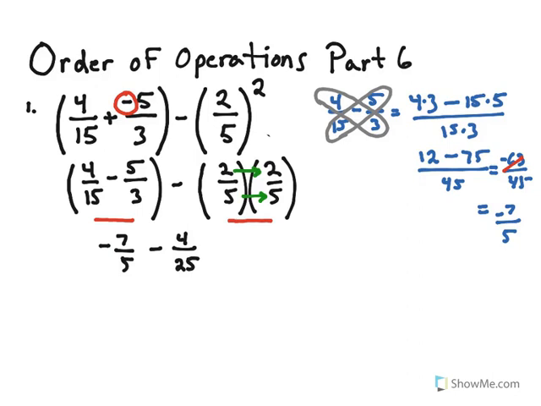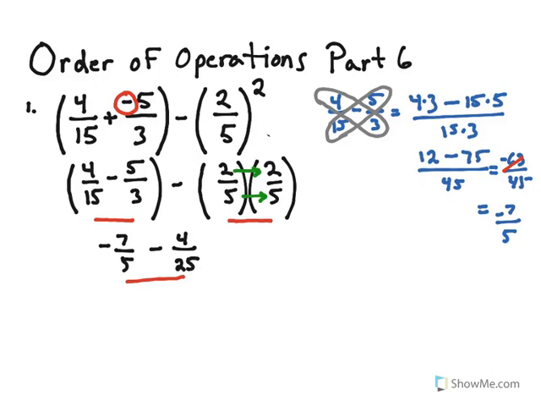Okay? All right, so now we can go ahead and subtract the two fractions, right? In other words, we're going to be doing this right here, and that would be the last thing to do. Okay? So let's see what happens when we subtract these two fractions.